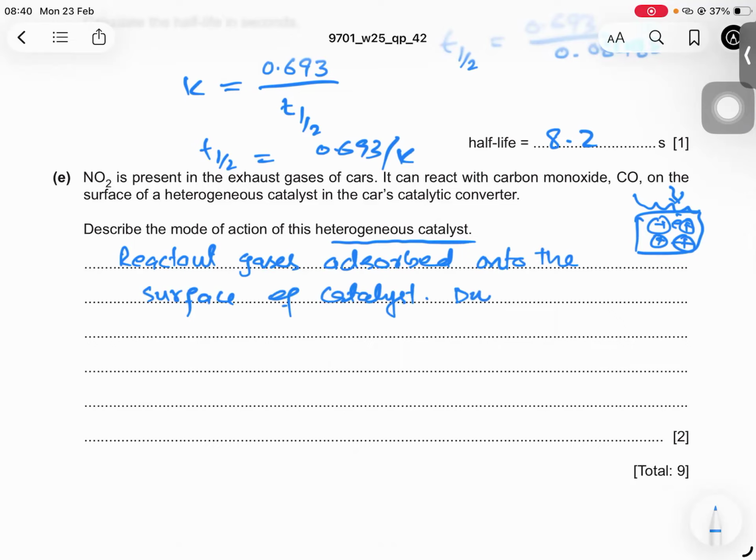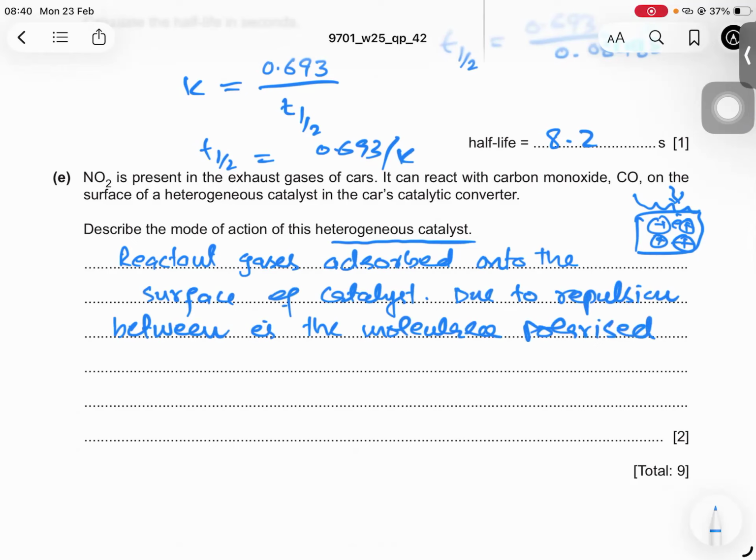Due to the repulsion between electrons, the molecules are polarized, and this polarization causes the weakening of bonds. Hence, bonds break and the reactants turn into products.